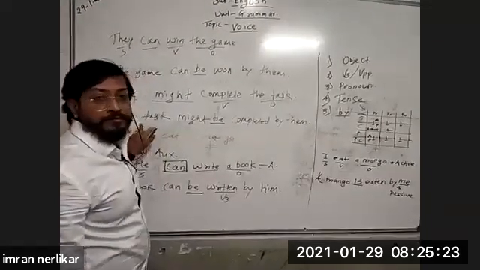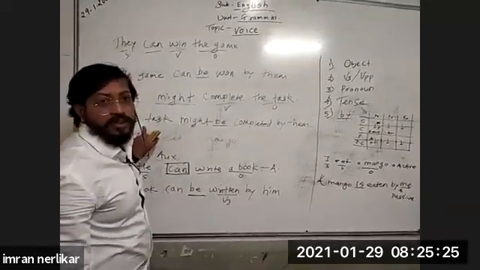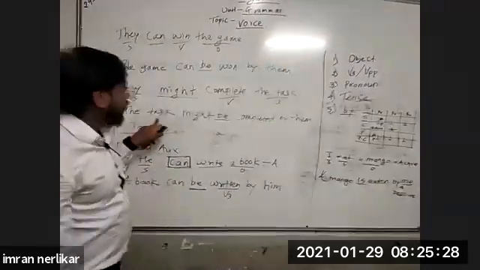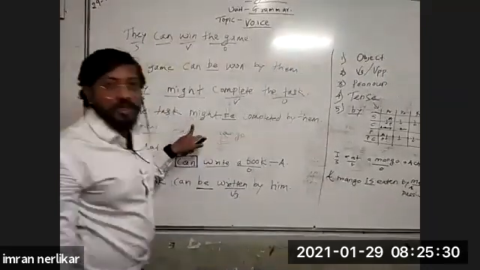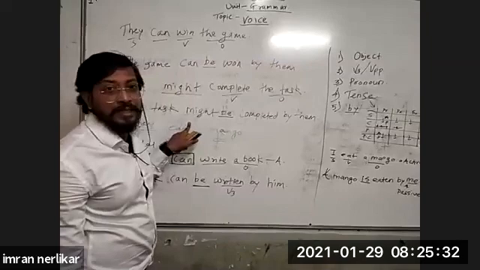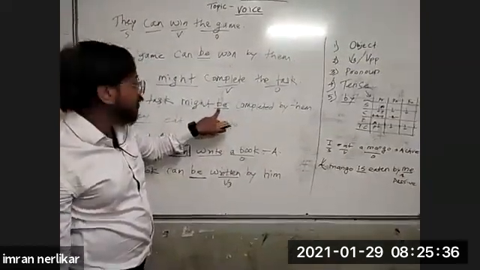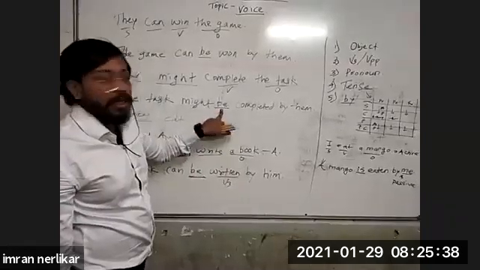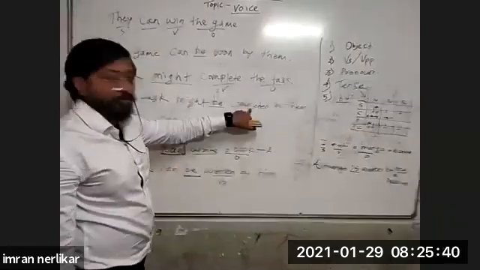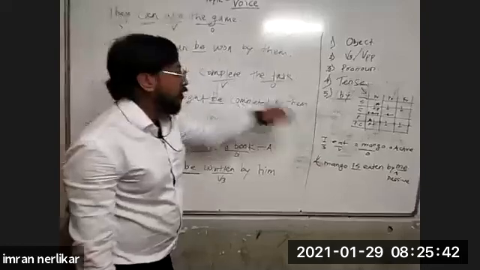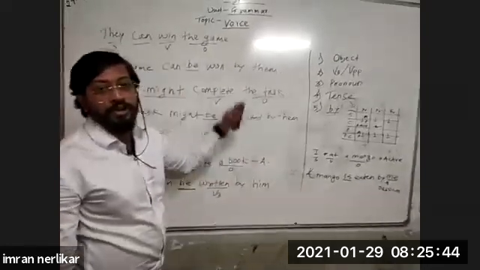So when a modal auxiliary is given in the sentence, at that time take the same modal auxiliary which is given in the sentence. After that take be, focus here, take be, and then the third form of the verb, and then object and subject according to the same rule.